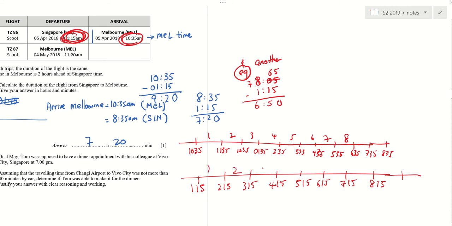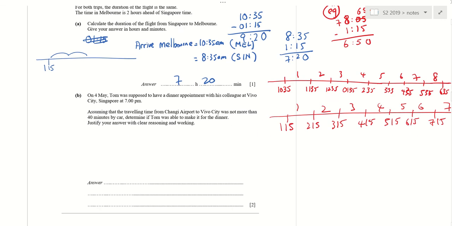So 1, 2, 3, 4, 5, 6, 7, 8. This is 7 hours, right? So 7 hours is at 8:15. Then 7 hours plus another 20 minutes I'll reach 8:35. So you can use timeline or you can use subtraction to do. Okay, now move on to the next one.